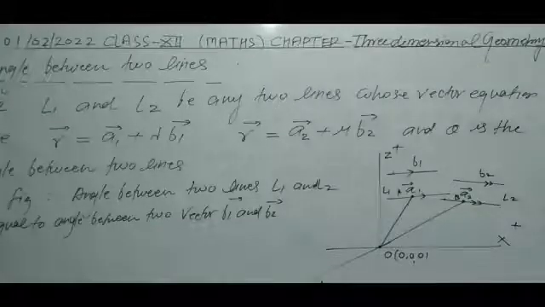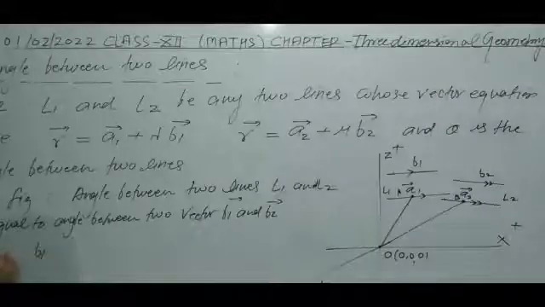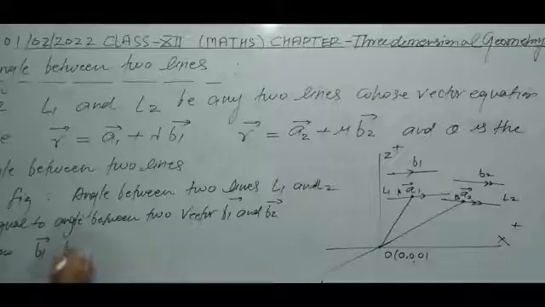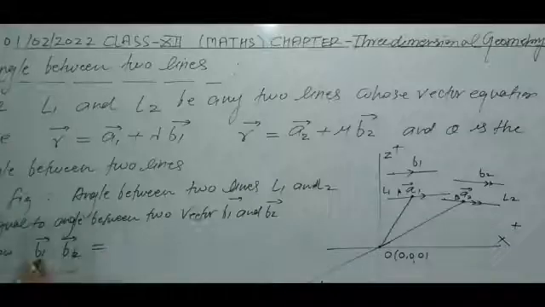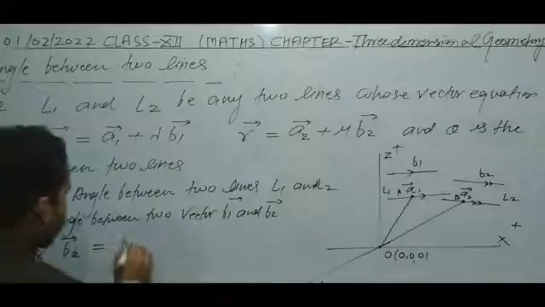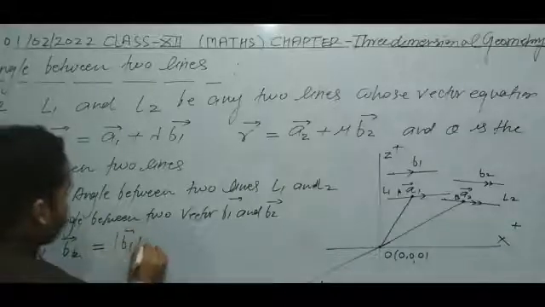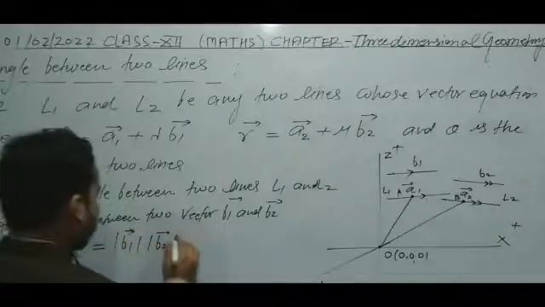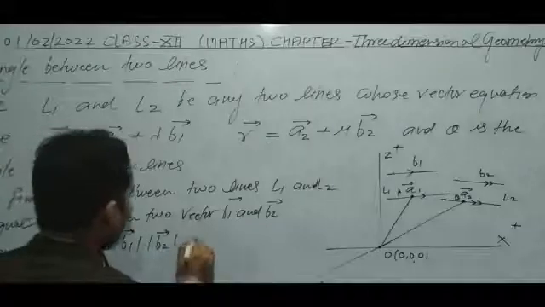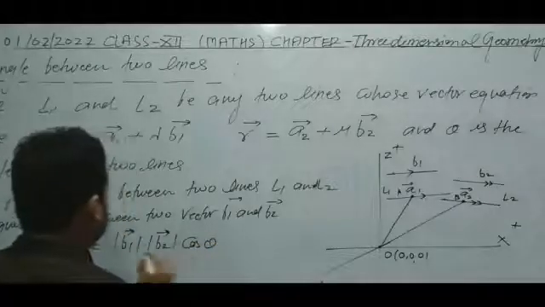Now you can see, B1 vector dot B2 vector is equal to mod of B1 into mod of B2 vector into cos theta, suppose.